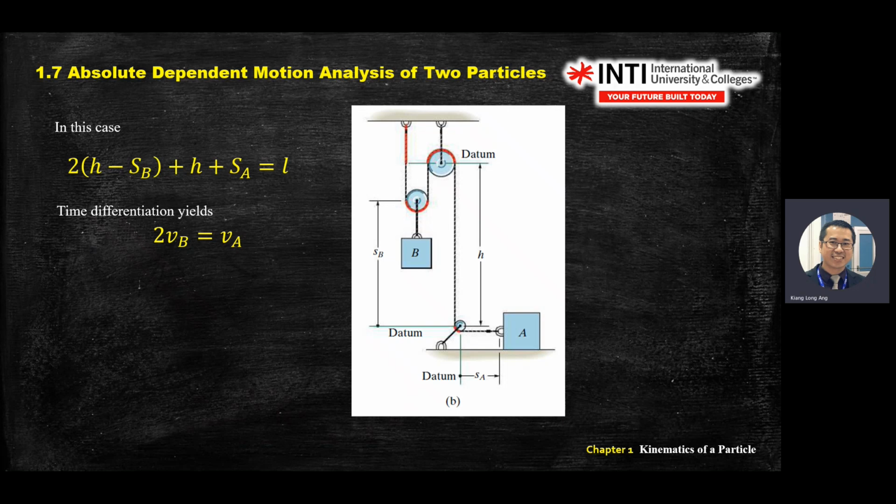You rearrange, you get a positive value. Positive, positive. So there's a difference between the previous diagram and diagram B. But the procedure of solving is still the same. Find the total length, find the velocity, find the acceleration.